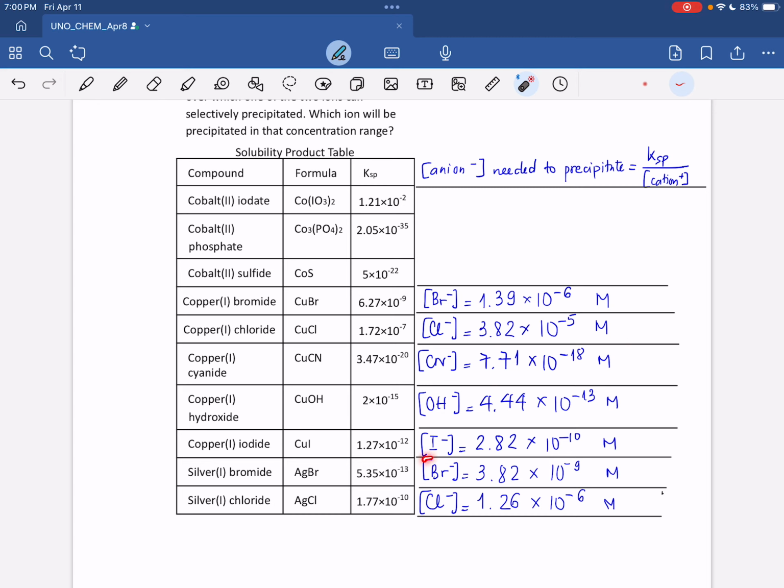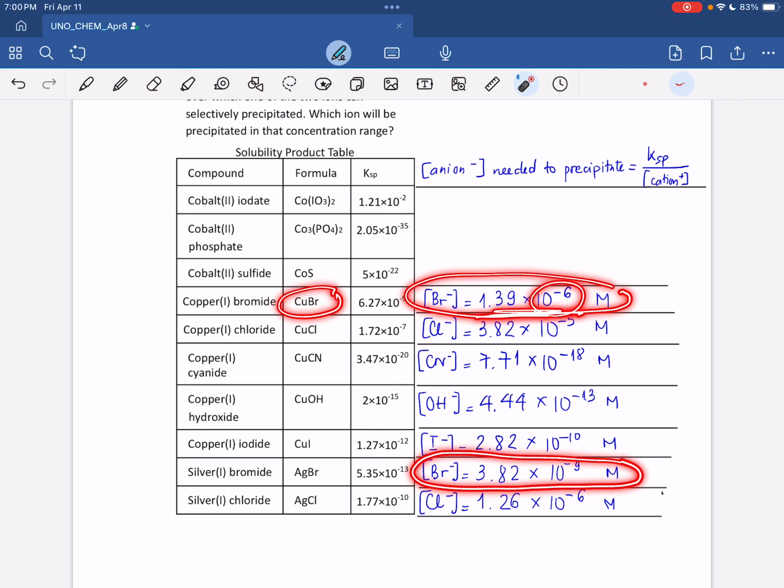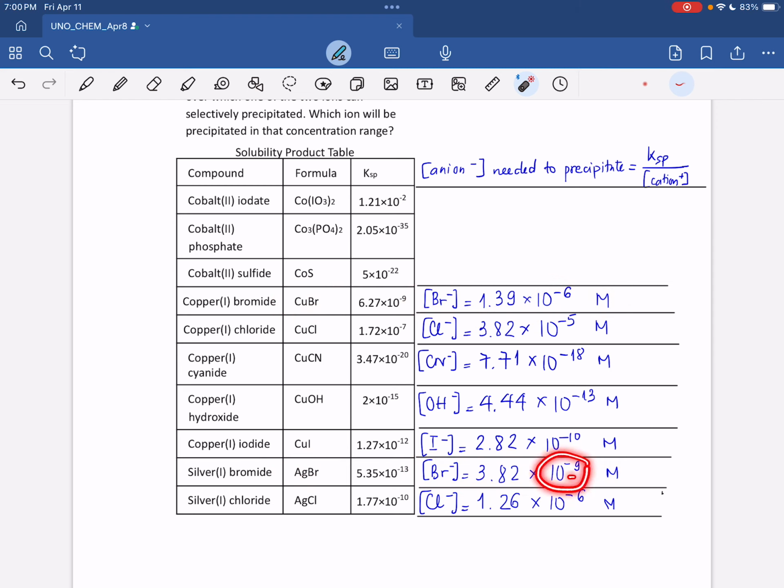Then just by calculation, this is all the concentration of the bromide, the chloride ion, the CN ion, and the iodide ion. Okay, so now if we compare, you can see the bromide ion needed to precipitate the copper is this much, 10 to the -6, and the bromide ion needed to precipitate the silver ion is around 10 to the -10. We see this one is like 1000 less than this one. So what does it mean?